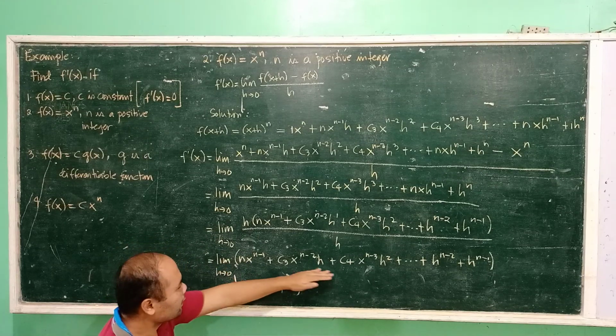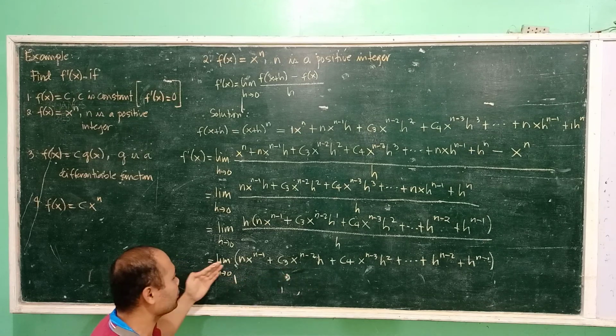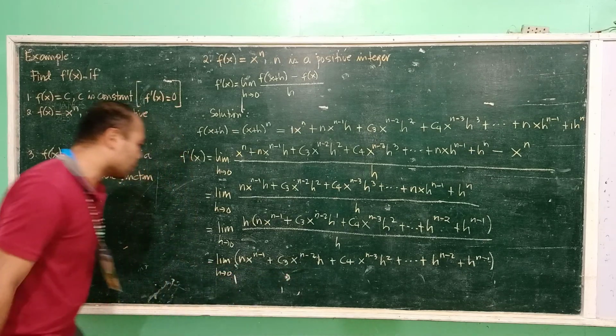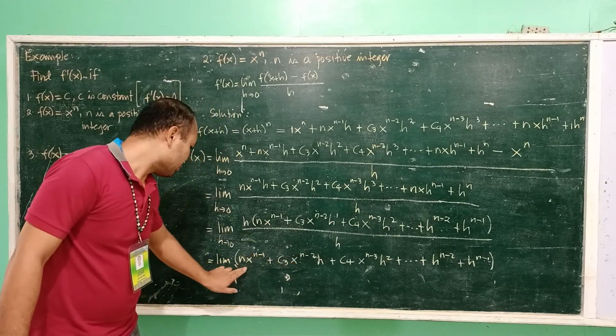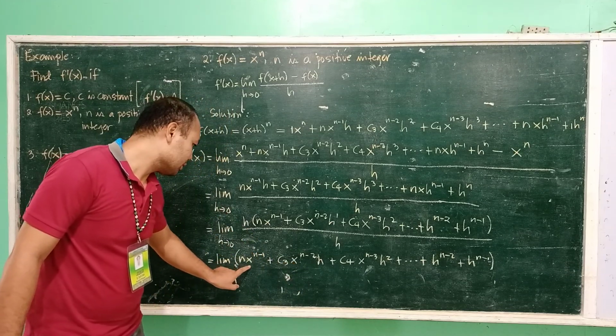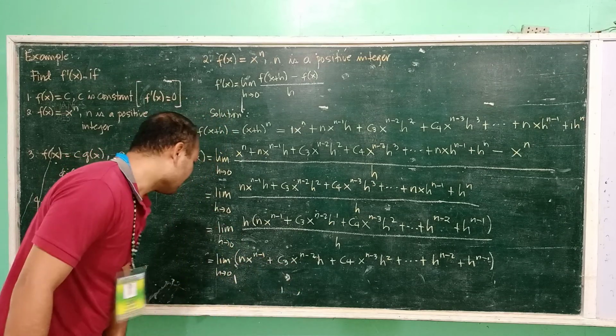Now, when we evaluate this one, we apply the limit theorems we have before. What will happen? This term will be constant. Then we substitute here 0.